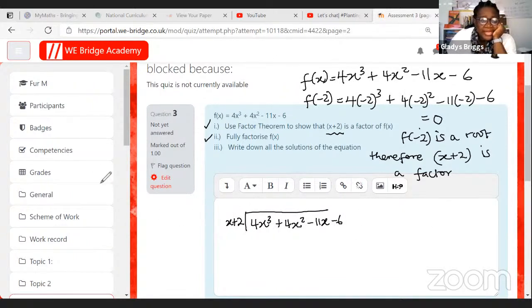So 4x cubed divided by x is equal to 4x squared.